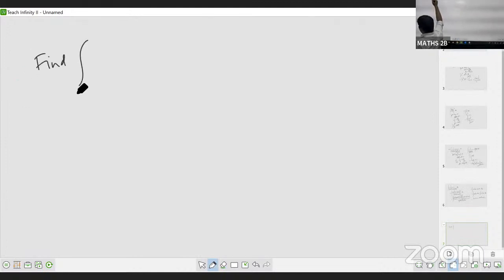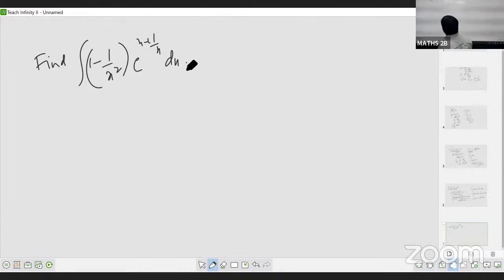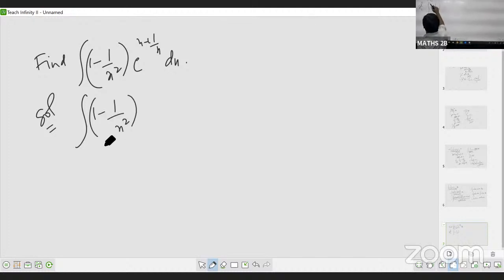Find integration of 1 minus 1 by x square, e to the power x plus 1 by x dx.